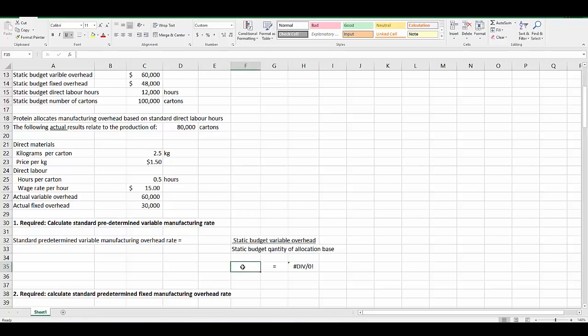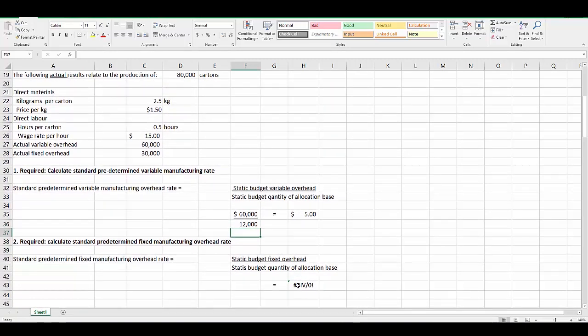So here the variable overhead, the static budget is 60,000, and the allocation base, you are told that your protein allocates manufacturing overhead based on direct labor hours. So the base is direct labor hours. That's 12,000 hours. So the variable overhead rate for manufacturing overhead is $5.